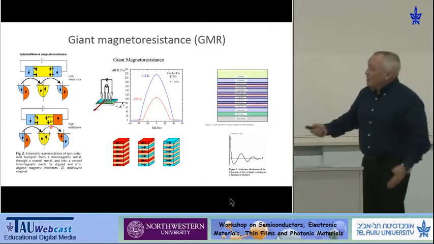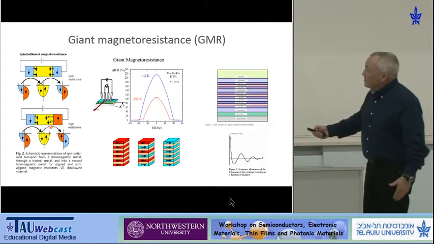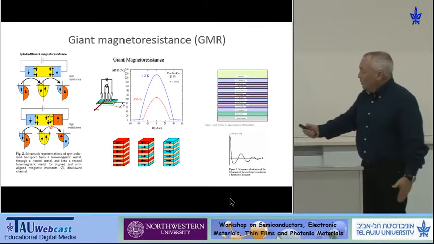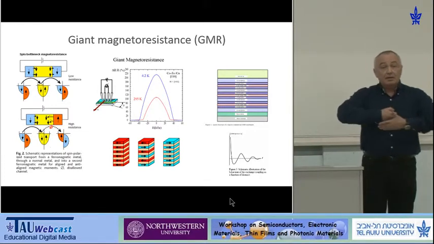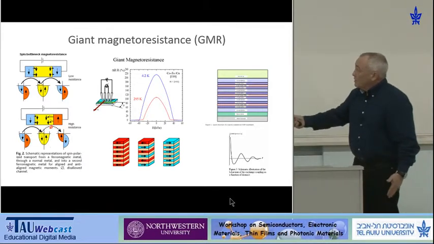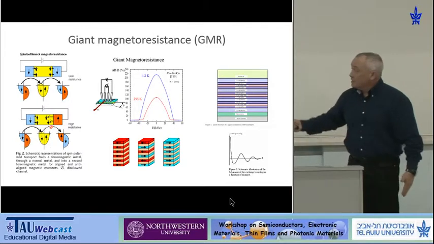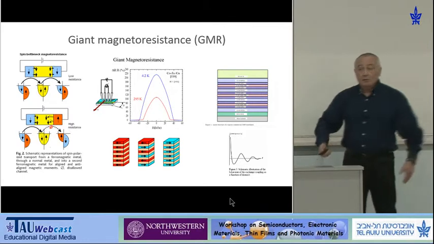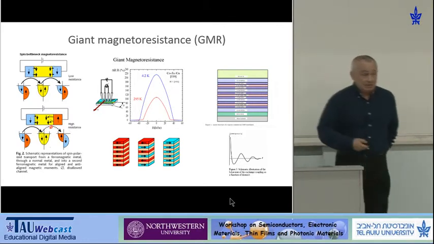So if we have this system which at zero field, the arrangement of magnetic moments is anti-parallel, we have high resistance. If we apply magnetic field and we align magnetic moment in the entire system, then we have low resistance, and transition from high resistance to low resistance is the origin of the term giant magnetoresistance.